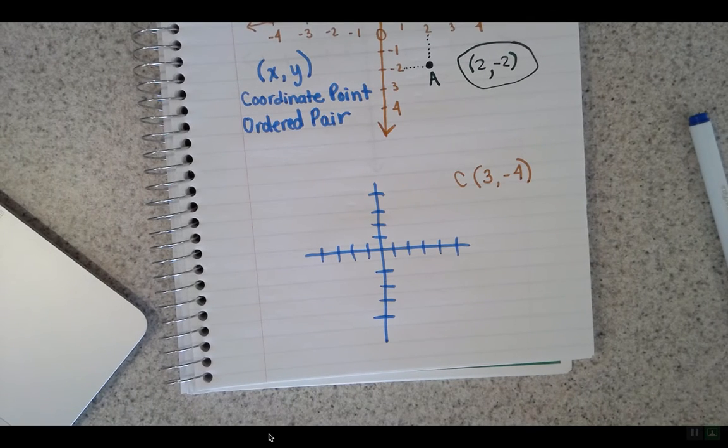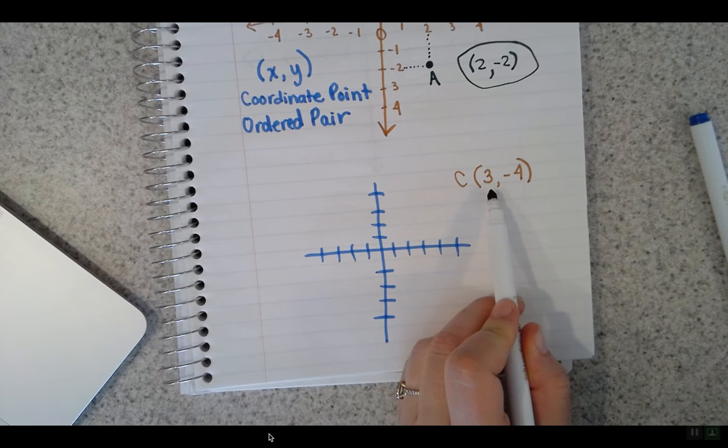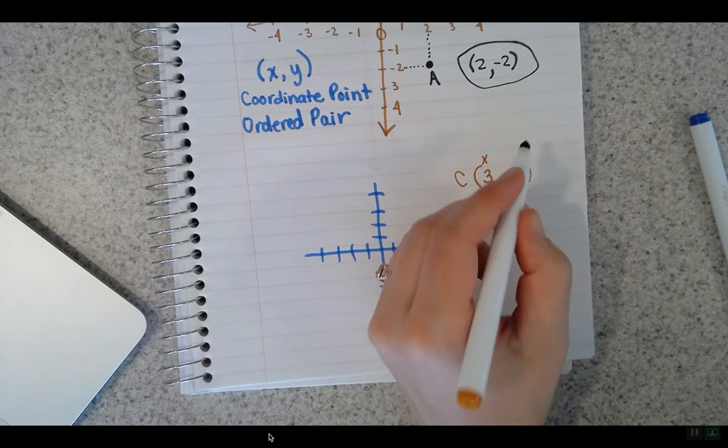So remember, the first number in your ordered pair always tells you where to move on your x-axis. I need to move over 3 on my x-axis. This is my x. And down 4, since it's negative, on my y-axis.